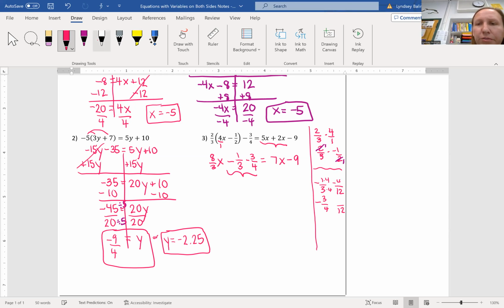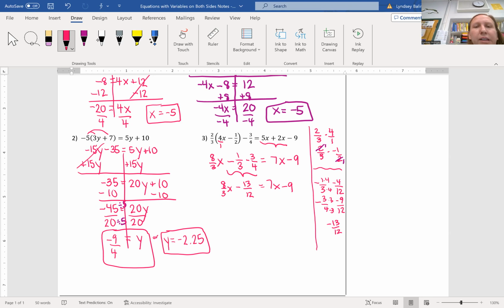So that's a negative 4/12. And the second one is times 3 and times 3. So that's a negative 9/12. So together, same sign, we add them, keep the same sign. Should be negative 13/12. So 8/3 x minus 13/12 equals 7x minus 9.